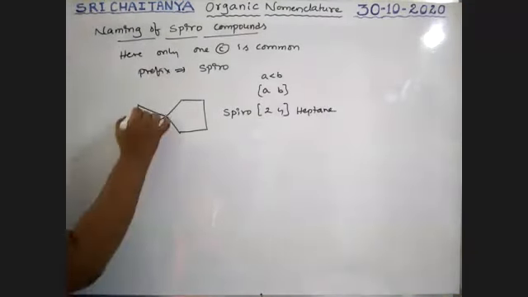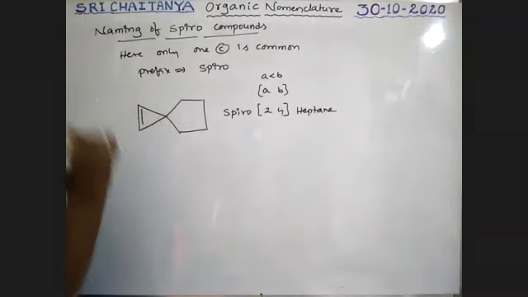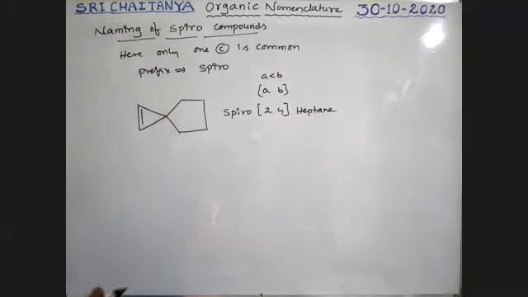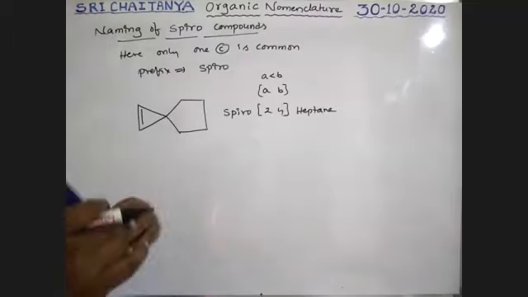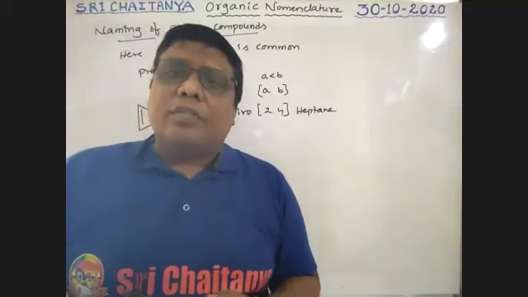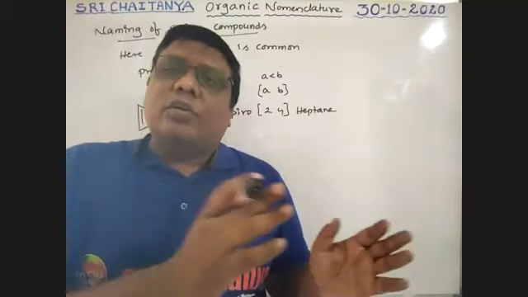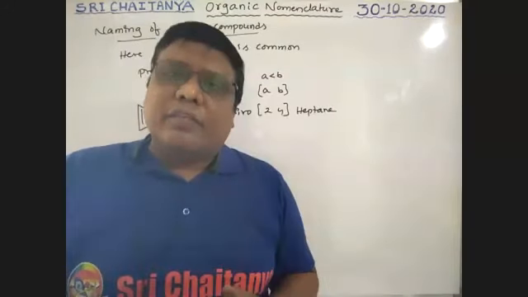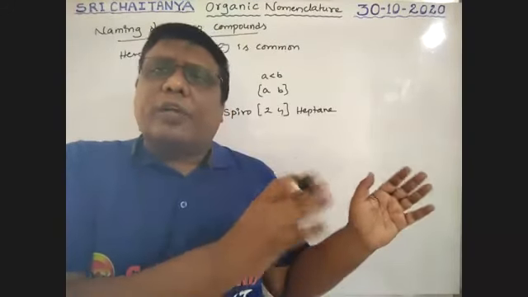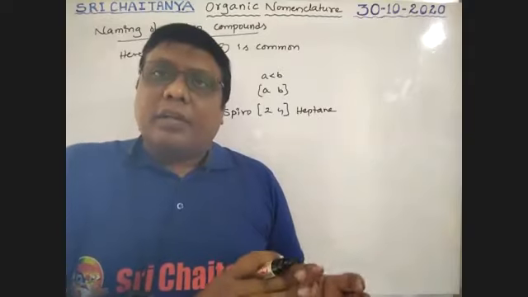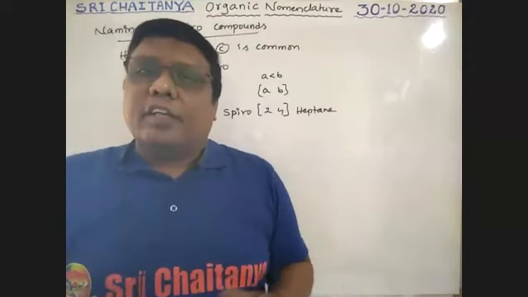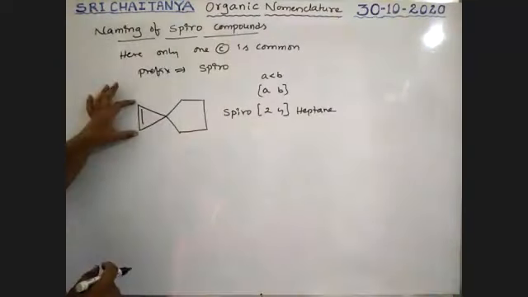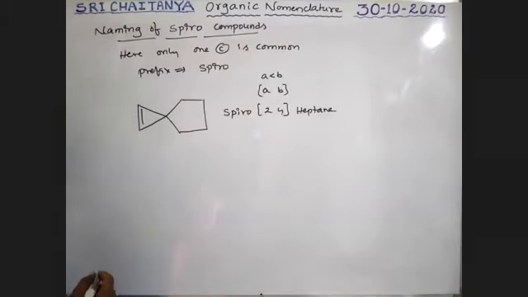Next, what is the name of this compound, boys? In our bicyclo compounds, we give numbering from the longest chain to the least chain, but here it goes from the shorter chain to the longer chain, the reverse case. So here is a 2 carbon chain, that's why I'm starting here.